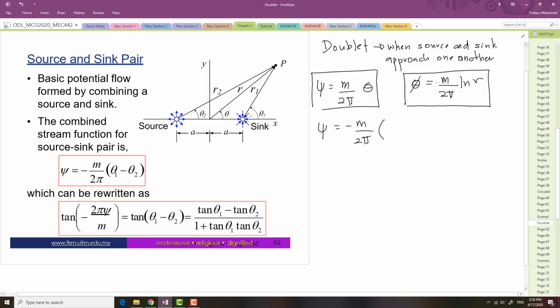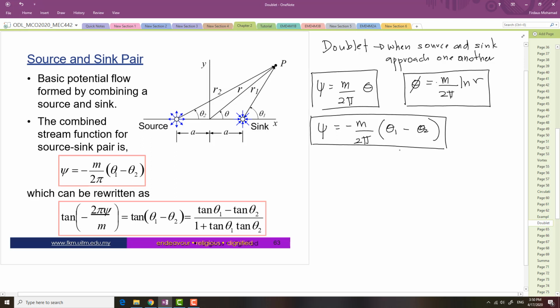Negative is basically the sink, so it is for theta 1, and then the source is positive, so it is minus theta 2. This is where we start to develop the equation for psi, the stream function, for source and sink.